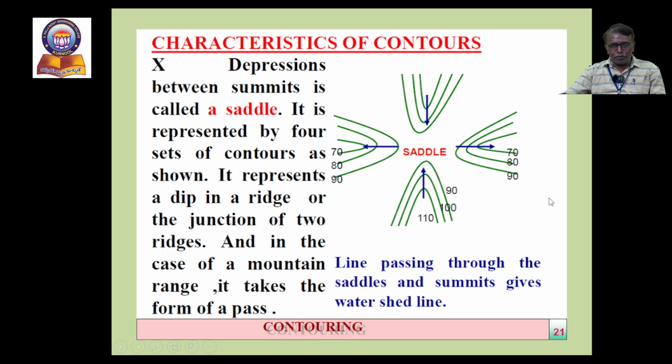If two ridges and two valleys are meeting, such a location is known as a saddle. It is represented by four sets of contours as shown. It represents a dip in the ridge or the junction of two ridges. In the case of a mountain range, it takes the form of a pass. The line passing through the saddle and summits gives the watershed line.